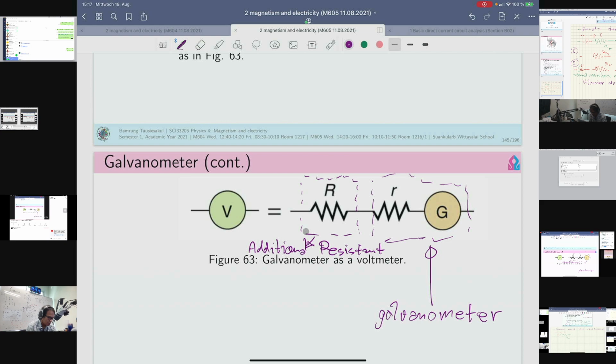This is the way we build up a voltmeter from a galvanometer and an additional resistance.